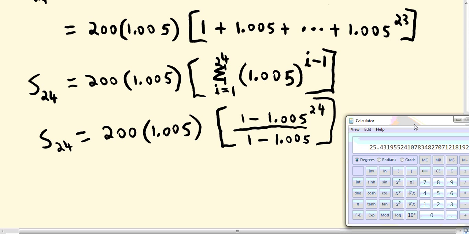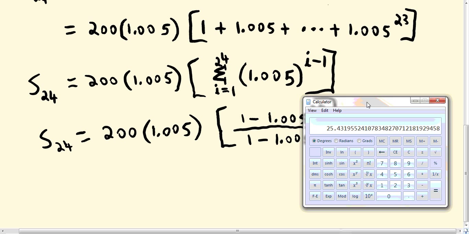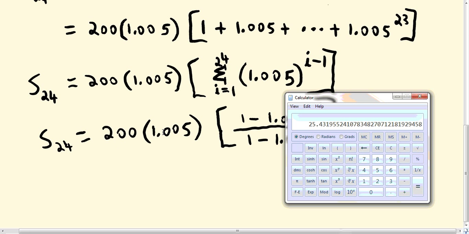All right, I'm going to take that and multiply it by 1.005 and multiply that answer by 200. So times 1.005 and then multiplied one more time by 200.